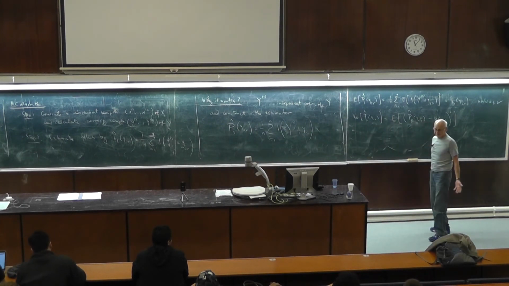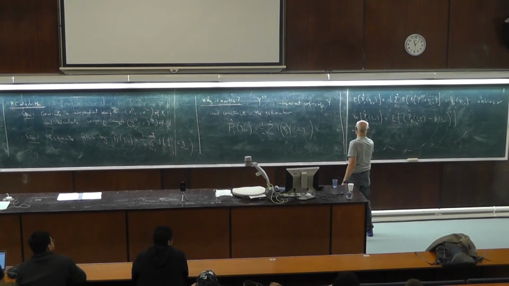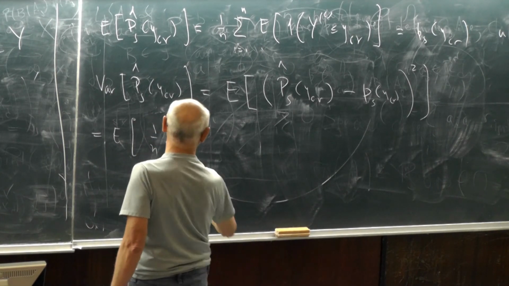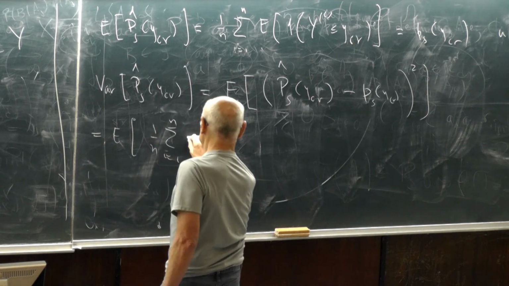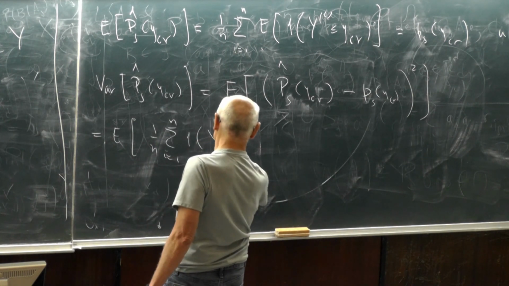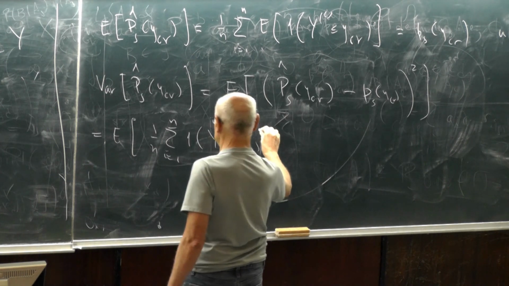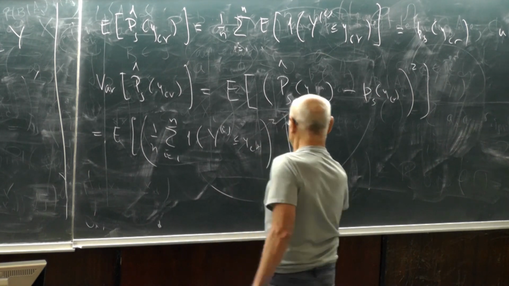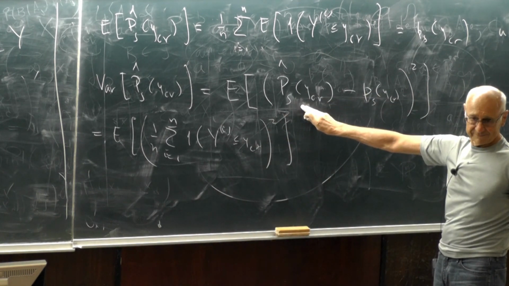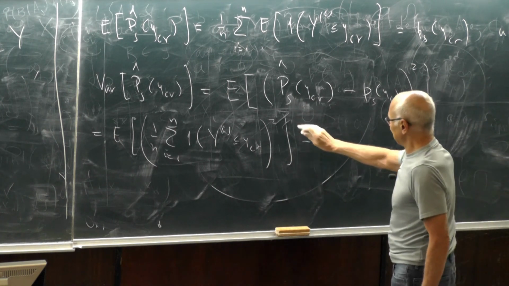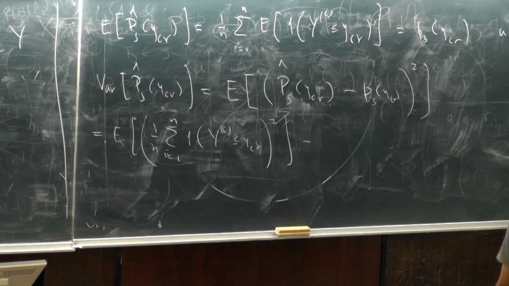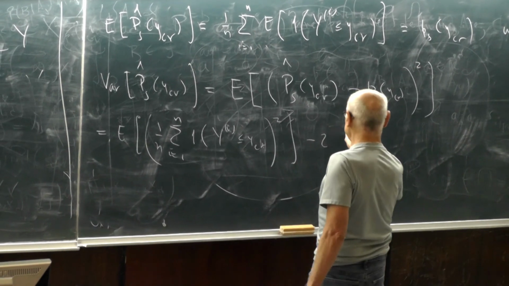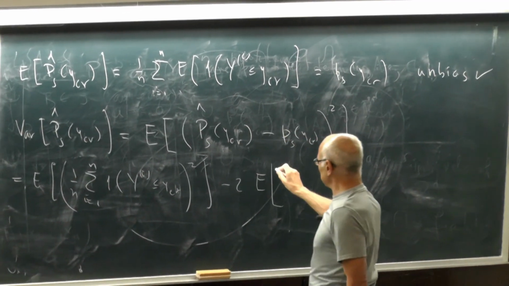So the first term squared. I'm going to write it explicitly, 1 over n sum, that is this formula. So this is the first term squared, minus a minus b squared, right? A squared minus, this is what I'm doing, nothing sophisticated, guys, 2 times the expectation of the cross product, right?